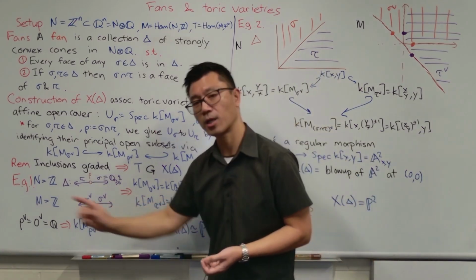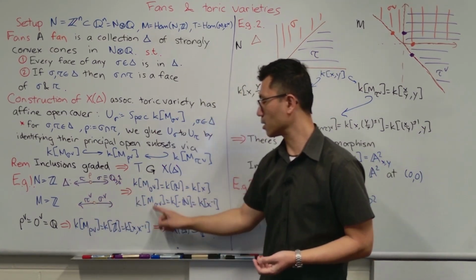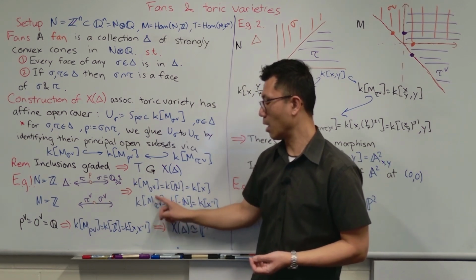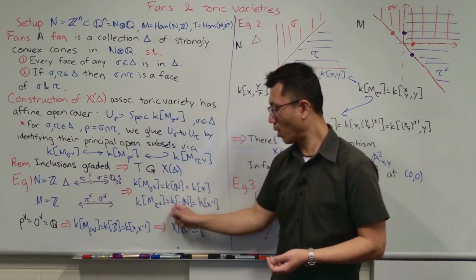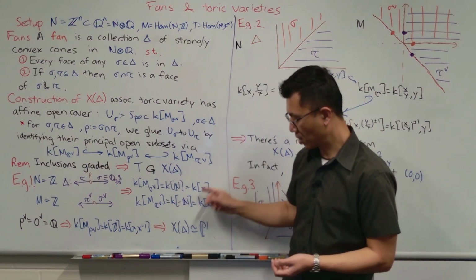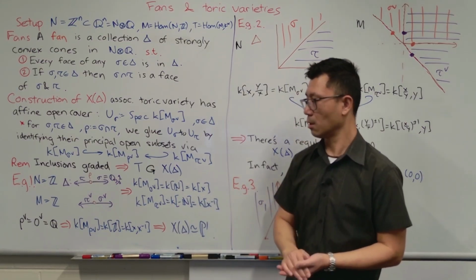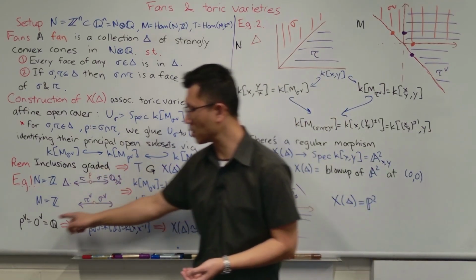What about tau check? It's exactly the same. You look at tau check, the non-positive rationals, and then you intersect that with M, so you'll get the non-positive integers, so k[minus N], naturally k[x inverse]. And the final cone in this fan is just the intersection rho, that's just 0.